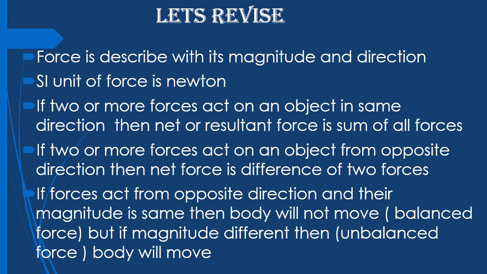If two or more forces act on an object from opposite direction, then net force is difference of the two forces. If force act from opposite direction and their magnitude is same, then body is not going to move. We say balanced forces. But if magnitude are different, then the body will move and they have unbalanced forces.